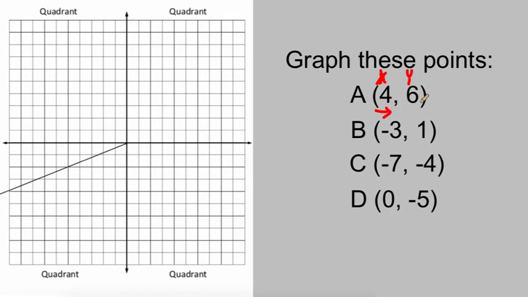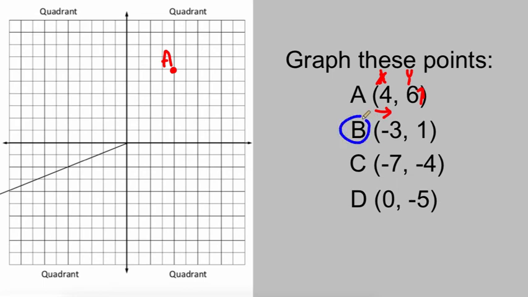And 6, your y, is positive, so I'm going to go up 6. I always start at the origin in the middle. I'm going to go right 1, 2, 3, 4, and then up 1, 2, 3, 4, 5, 6. And then I always name my point. That's point A. Right 4, up 6.